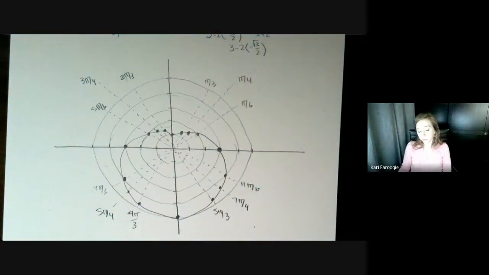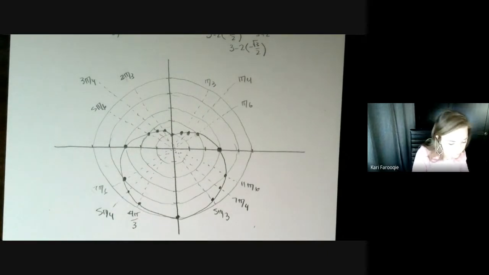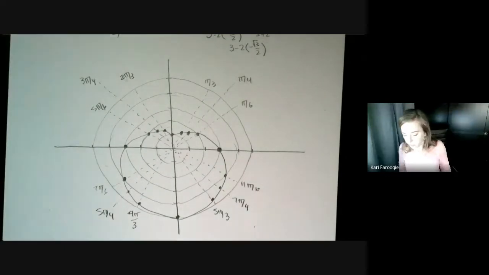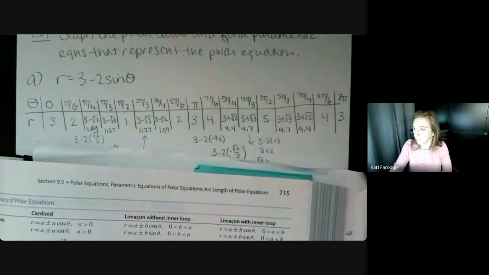Now, if you'd like to compare this with the chart that you see on page 15, 715, not page 15, certainly we weren't doing this on page 15. Let's see, we have 3 minus 2 sine theta.